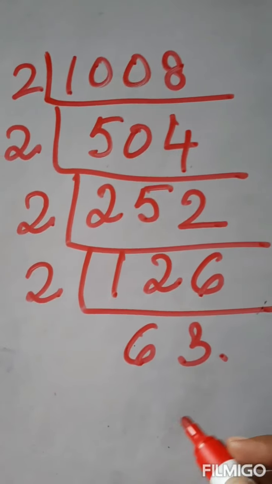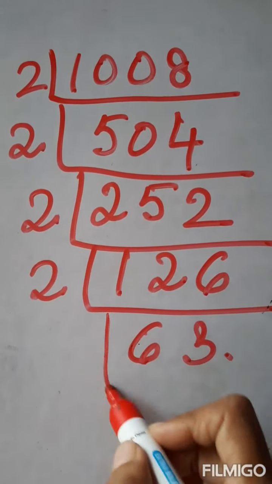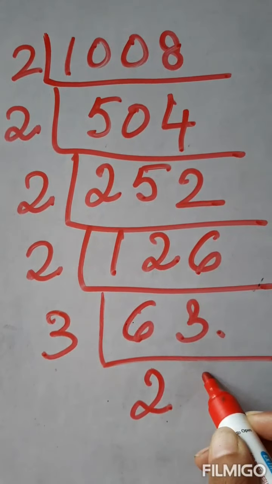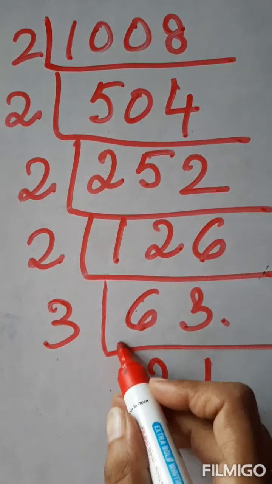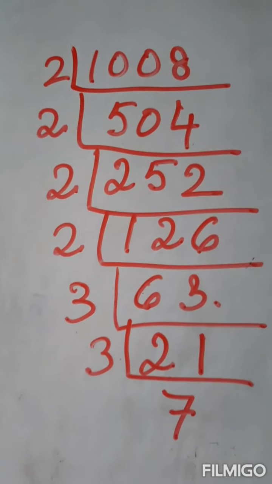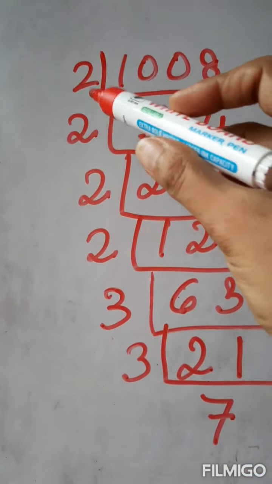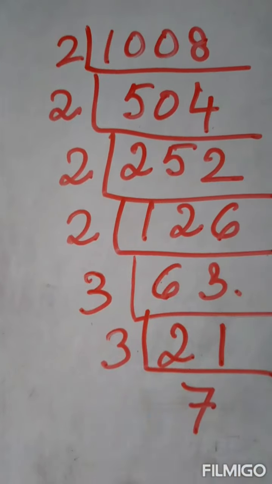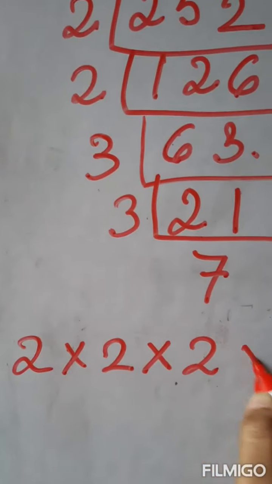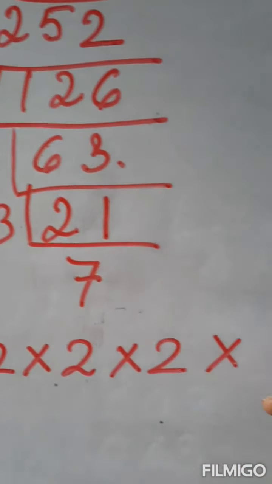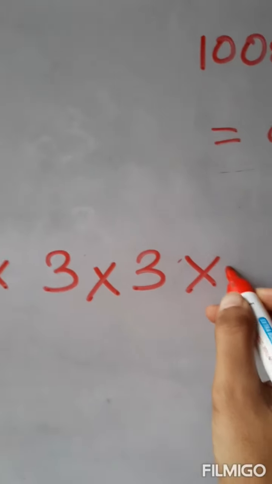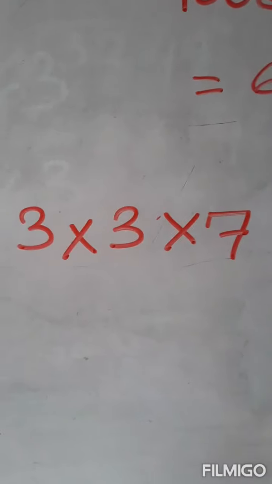And 63 gets divisible by 3, we get 21. 21 again gets divisible by 3, we get 7. So here if you notice, you get sets of 2. What are the factors? Let us write them, then only I will explain. So we get 4 2s, 2 3s and 1 7.